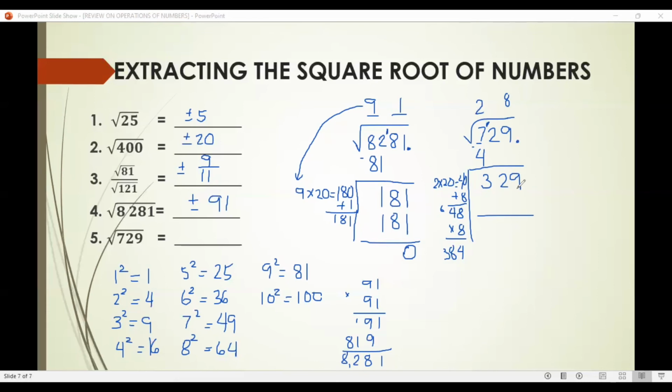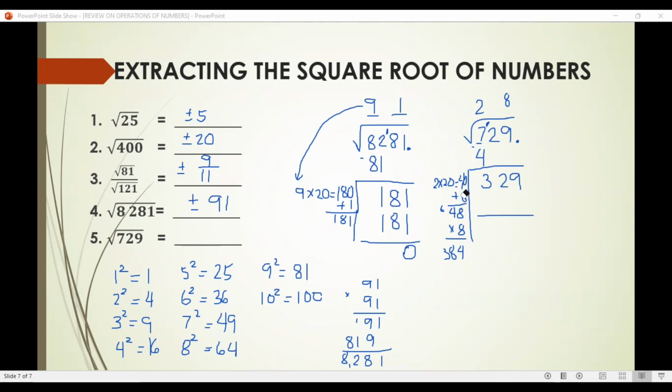What does this suggest? There is a need for us to get a lower answer. So instead of an 8, we will have to change that. Again, for the partial divisor, you are dividing the 329 here by 40.